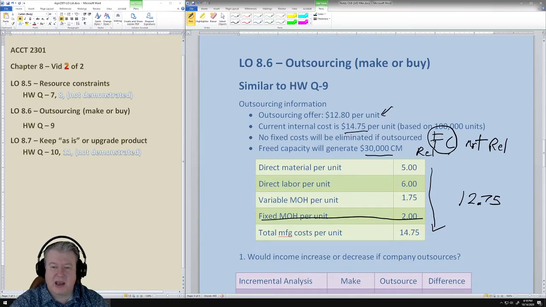Now when we say 1280 versus 1275, we may change our mind and say it costs us less than what we could buy it for. But remember, we have this extra piece of information. Yes, it would cost us a nickel more, 5 cents more to buy it outside, but we would gain 30,000. Does that 30,000 overcome that extra nickel we have to pay for each piece?